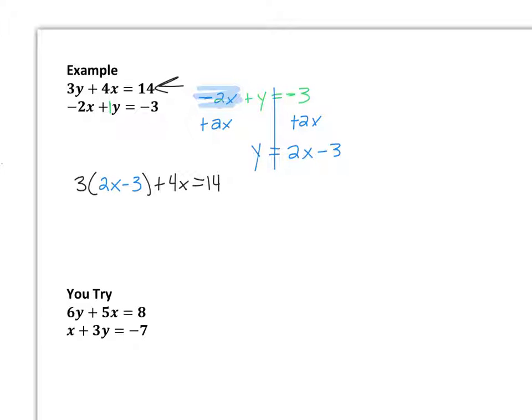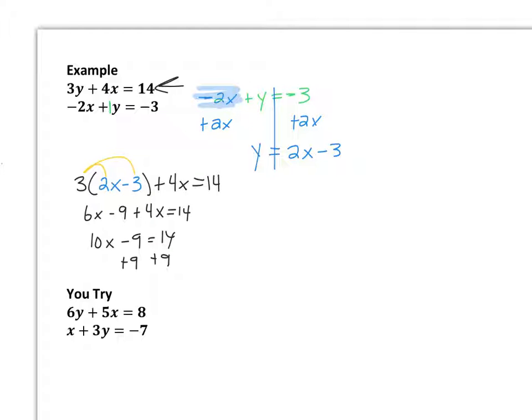We're going to have to distribute this 3 to both pieces. 3 times 2x is 6x. 3 times negative 3 is negative 9, plus 4x equals 14. 6x plus 4x is 10x minus 9 equals 14. Okay, we will add 9 to both sides.